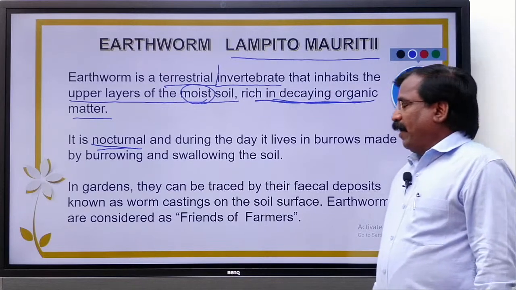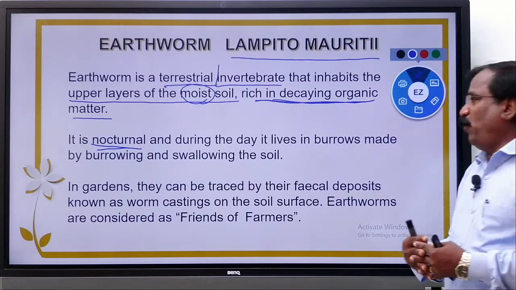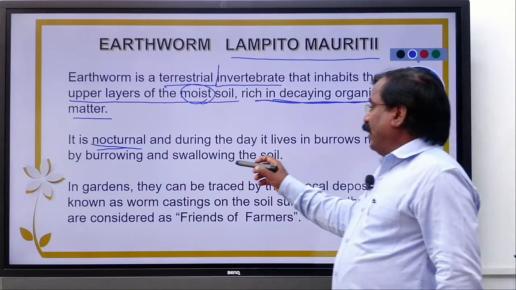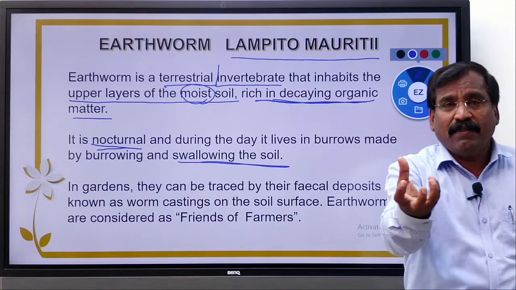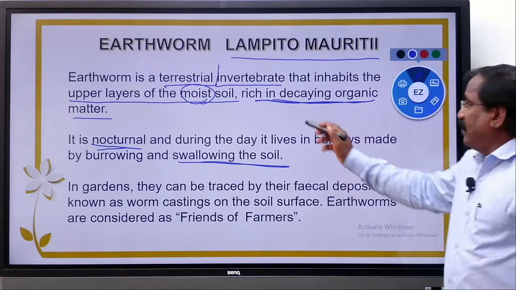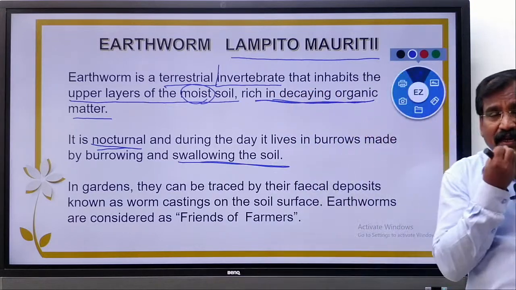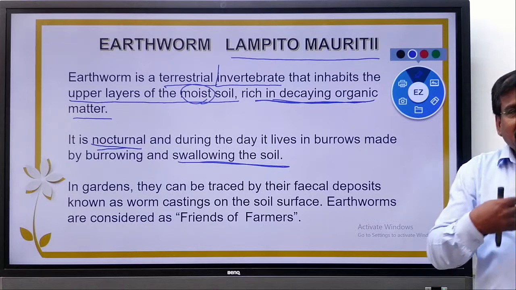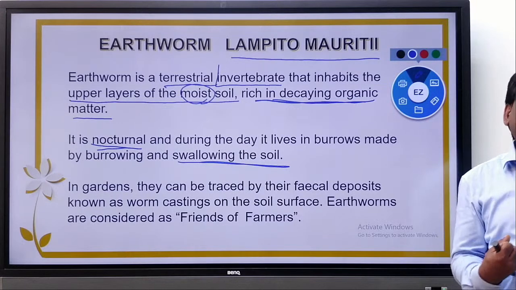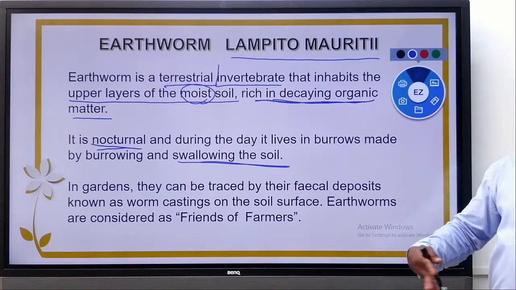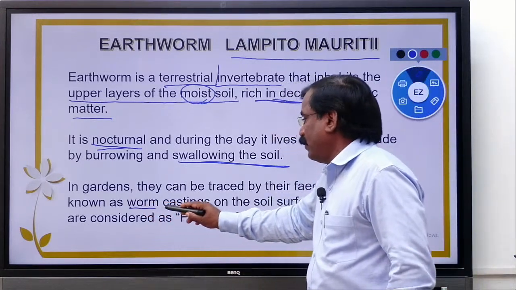So what does it feed on? Listen: it swallows the soil and consumes that organic-rich soil. After digesting, it absorbs the organic matter contained in the soil and excretes the waste in the form of worm castings, very important.